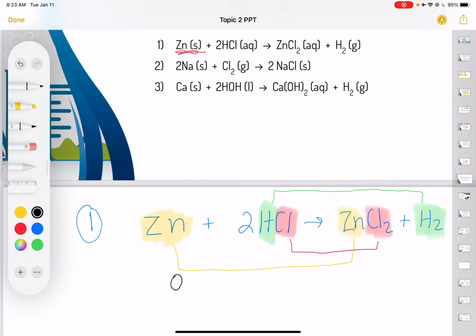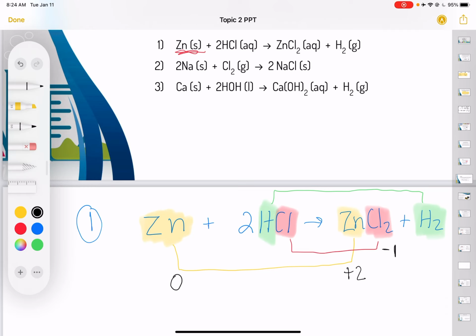Chloride, if we remember back, is a -1 charge. And if we look in our periodic table, we can find out that Zn, or zinc, is a +2 charge. But to be honest, it doesn't really matter if you know exactly what the charge of Zn is.